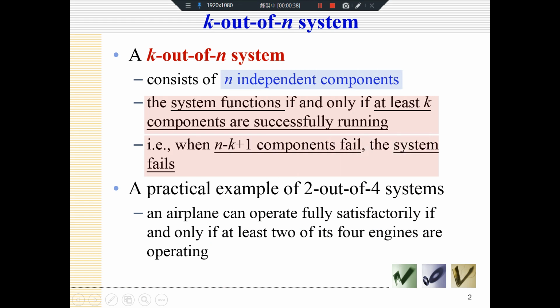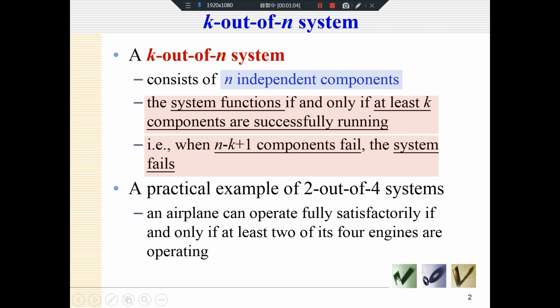The K out of N system consists of N independent components, and the system functions if and only if at least K components are successfully running. That is, when N minus K plus 1 components fail, the system fails.